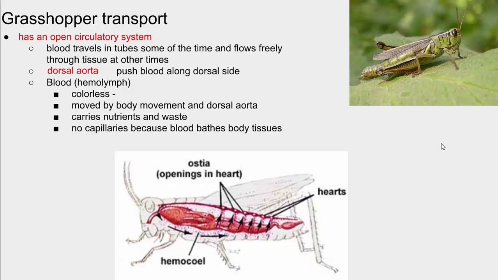And if you were to look at an insect circulatory system, they have this dorsal blood vessel, the dorsal aorta, that can contract to force blood through it, and then that blood is pumped into this body cavity where it just is sort of surrounding the tissue inside of the grasshopper.